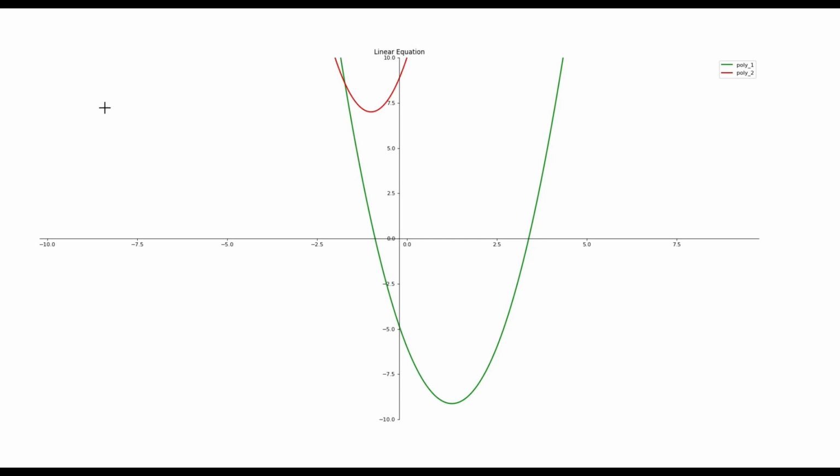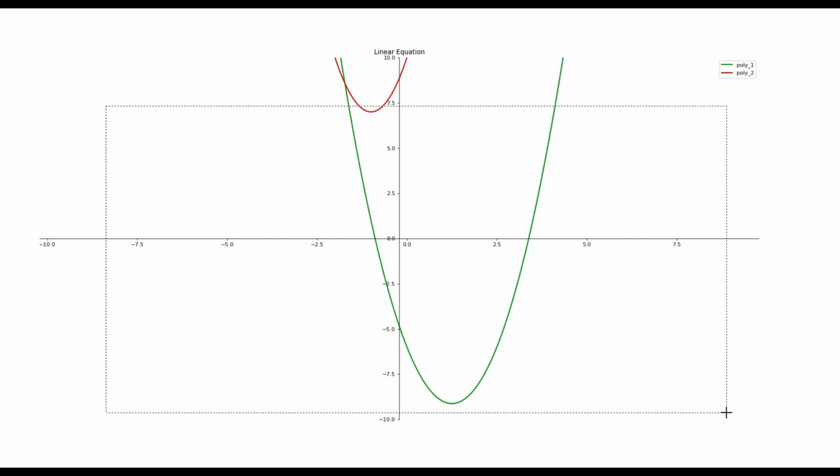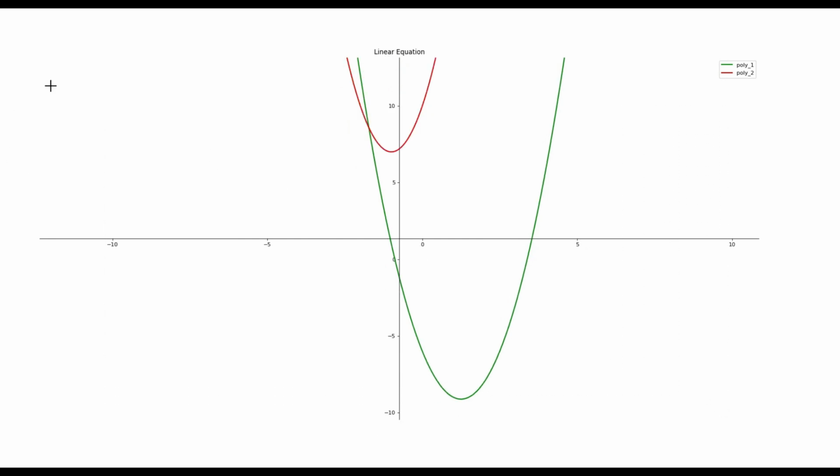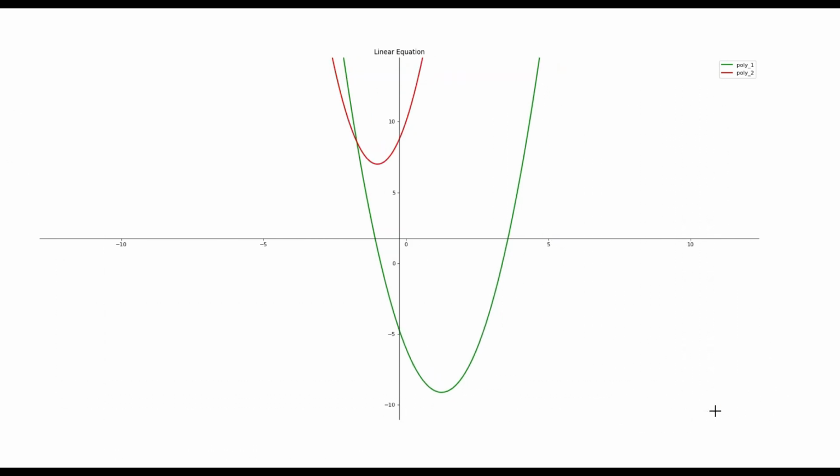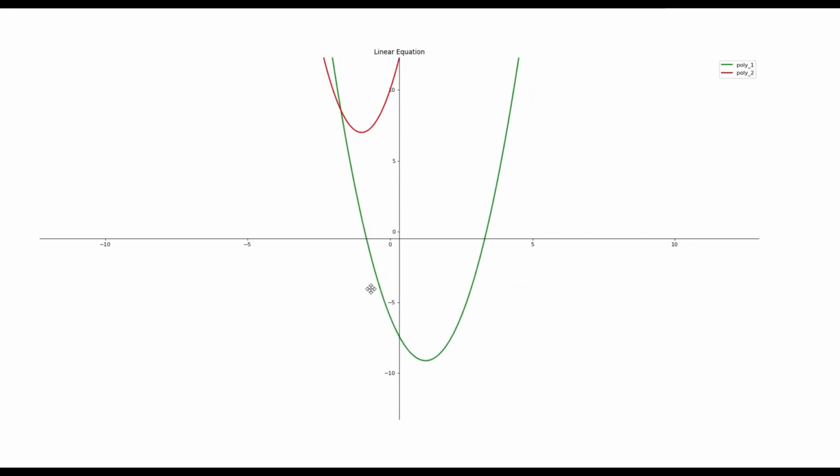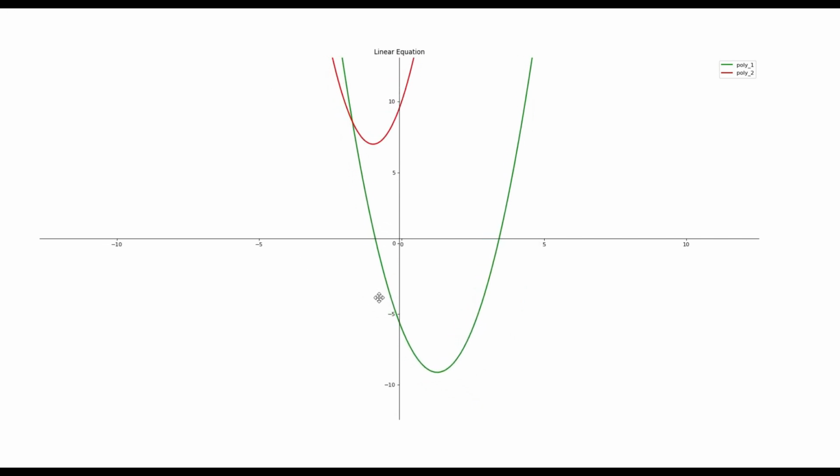If I zoom out and rearrange this a bit, we can see that the green graph is passing the x-axis at two different places, while the red one is not passing at all.